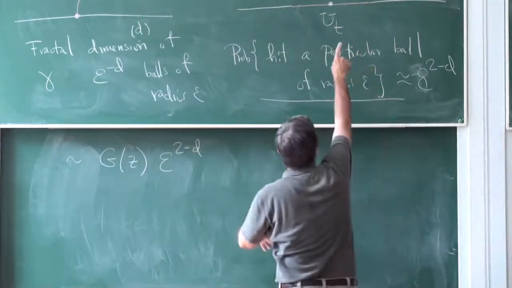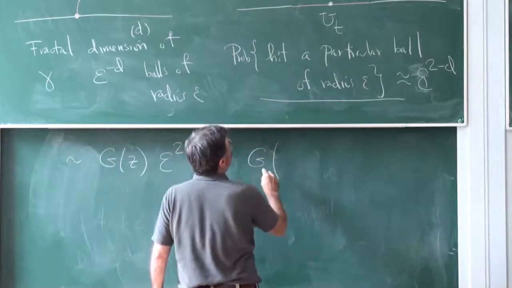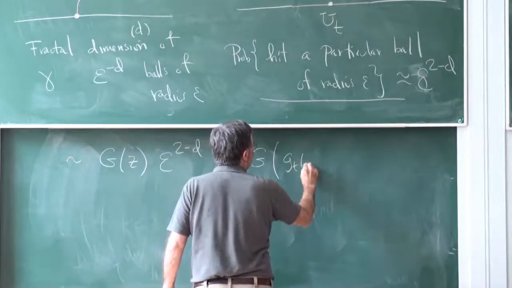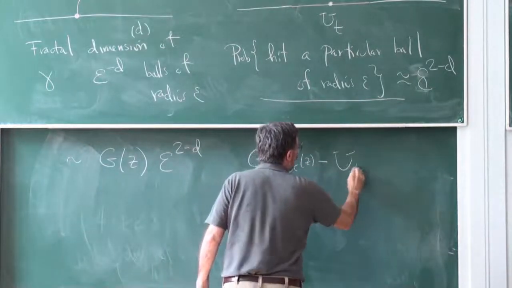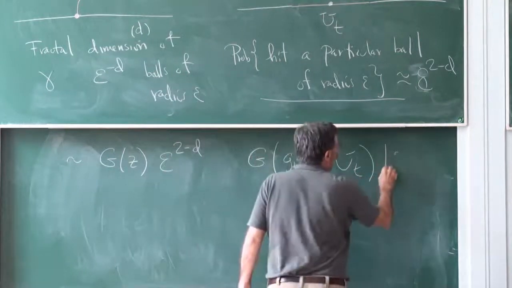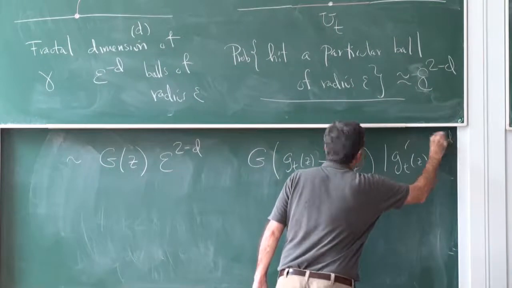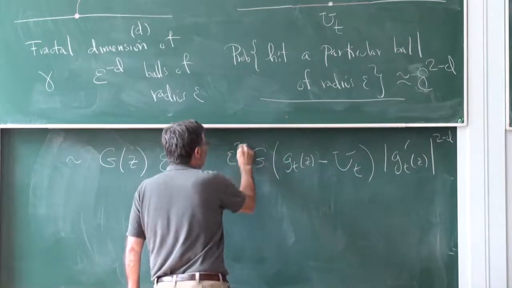Now, over here, we get G of g t of z minus u sub t, times g t prime of z to the 2 minus d times epsilon to the 2 minus d.